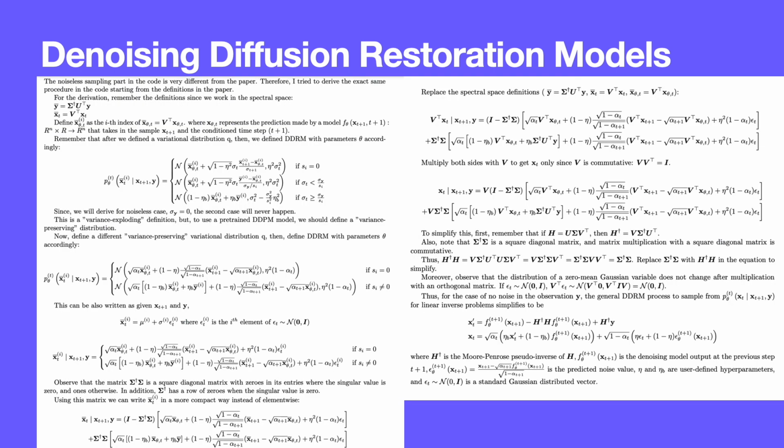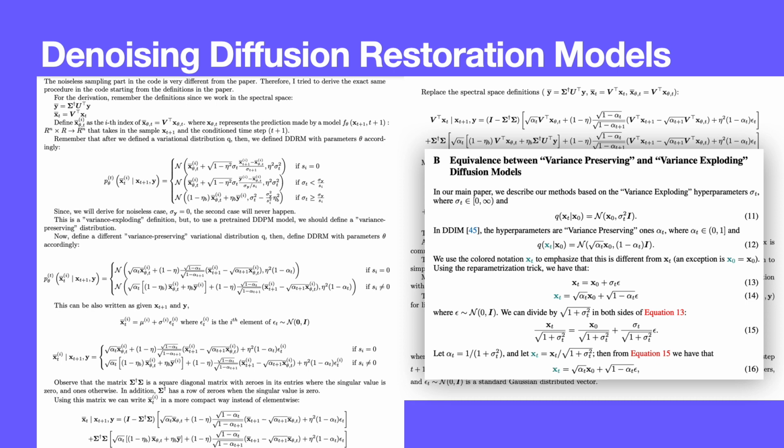But in their provided code, the sampling procedure was very different from the paper's one. It was at the end of the file, but they didn't provide or derive this in their paper. They just discussed theoretical stuff, and I tried to derive it for the noiseless case like this. To derive it, I first changed the definitions in the paper to variance preserving ones rather than variance exploding ones, since we use DDPM, which is also a variance preserving model.